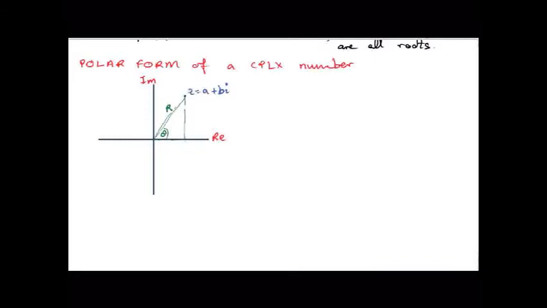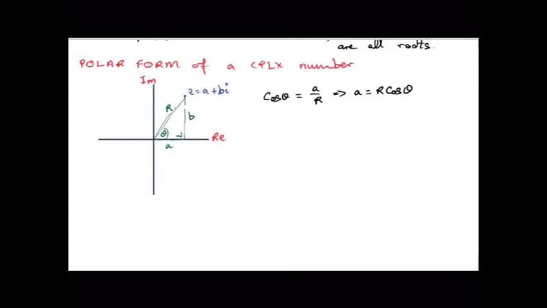simple trigonometry, if I call this A and this B, for obvious reasons, simple trigonometry is going to dictate that cos of theta equals adjacent over hypotenuse, so A over R. Is that okay? And if I cross multiply, that means that A equals R cos theta.